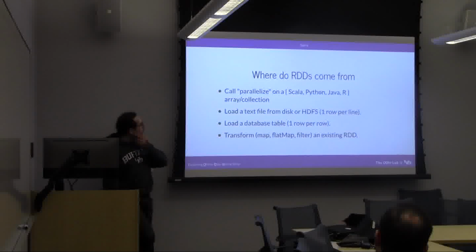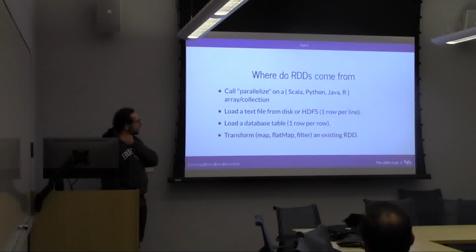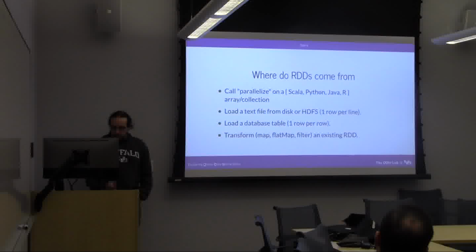You can tell Spark to load a text file either from your hard disk or from HDFS, in which case it will read in one record per line. You can load in database tables, or you can apply one of a variety of different functions to transform an existing RDD, again giving you a new RDD rather than modifying the existing RDD. I'll give you some examples of this when we start going through.